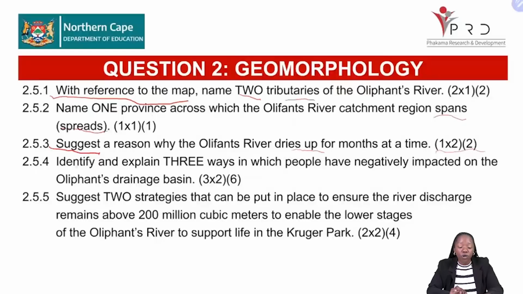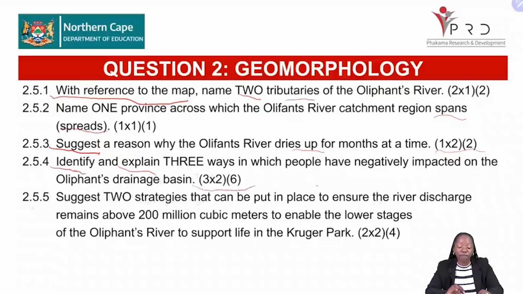Then number 4, you identify and explain. Identify and explain 3 ways in which people have negatively impacted on the Olifants drainage basin. 3 times 2.